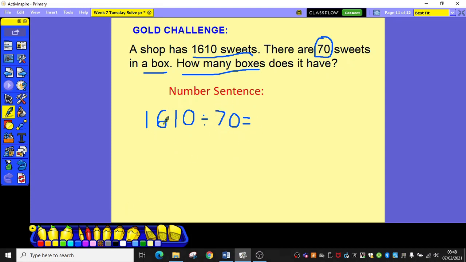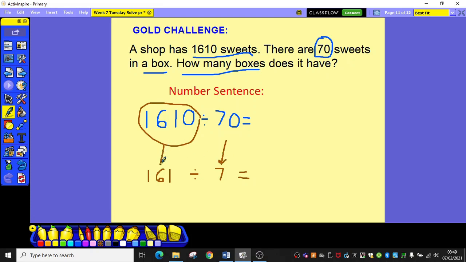However, what I can do, if I make this side 10 times smaller, that's going to be 161, and I make this side 10 times smaller, so that's going to be 7, I can actually do 161 divided by 7, and it will give me the same answer as 1,610 divided by 70. And all I've done is made each side both 10 times smaller.